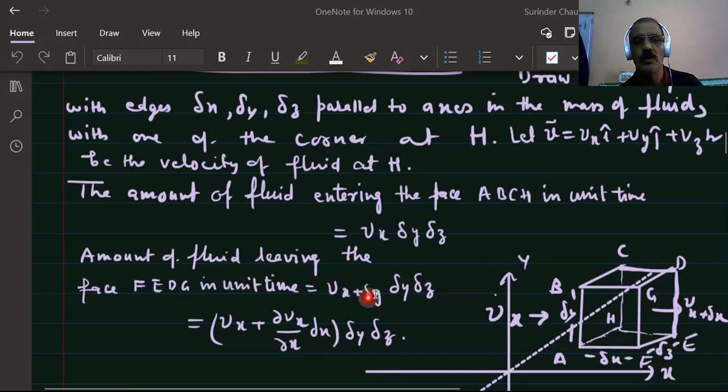Now v is the velocity at the face ABCH, and v of x plus del x is the velocity at the face FEDG. Therefore, this velocity will be equal to vx plus partial vx with respect to x times del x, multiplied by del y del z.